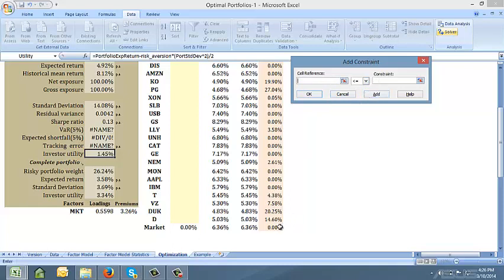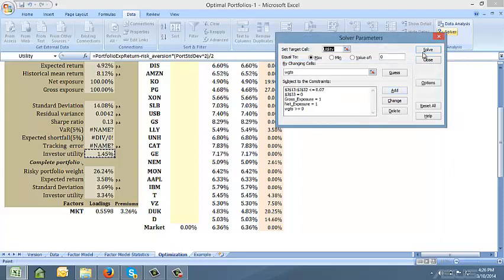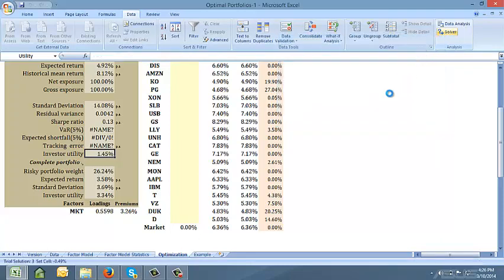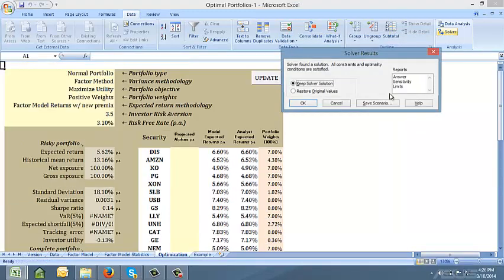And then our market portfolio has to be equal to 0 because she only wants to invest in no risk-free assets. Sorry. We'll hit OK. We'll solve. See what it gives us. Solver found a solution.